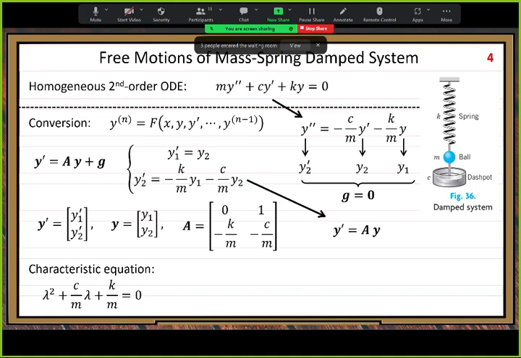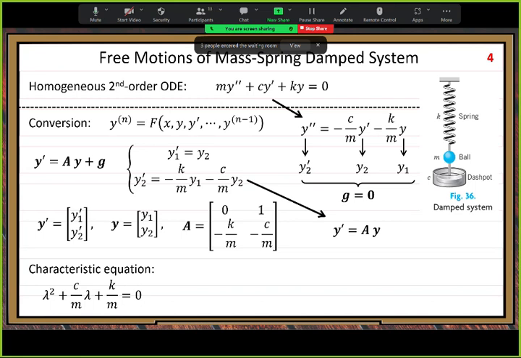But next, we want to use the linear system expression to look at how to write the characteristic equation. This time, we use the linear system format to write it.